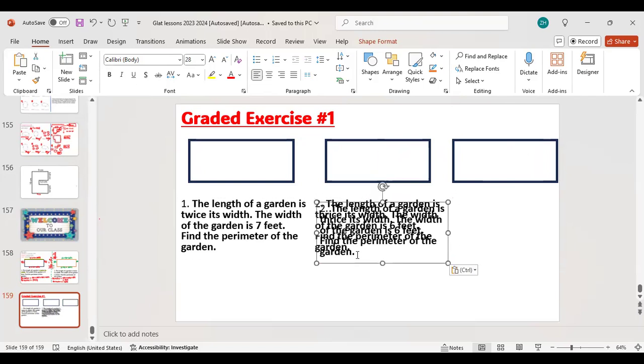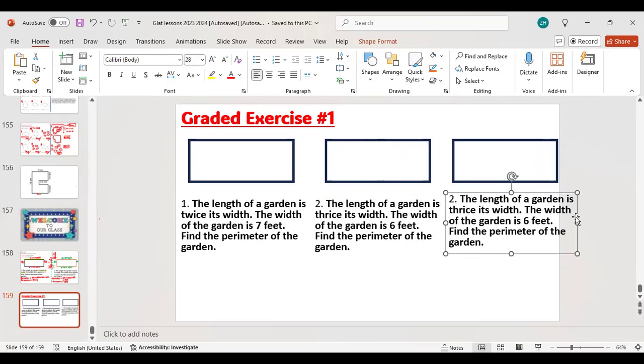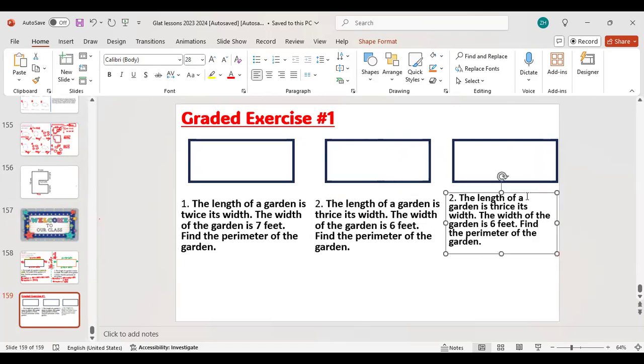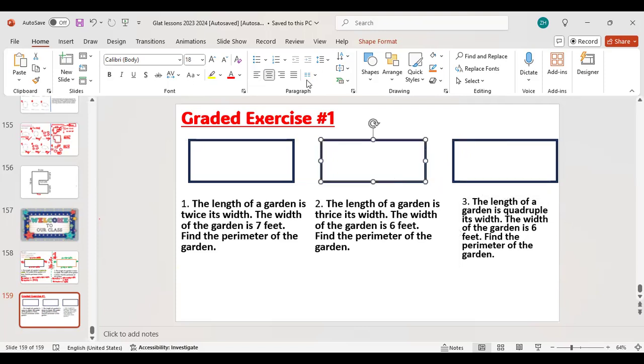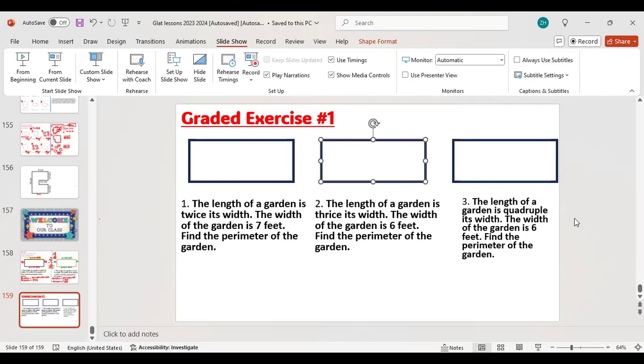And finally, number 3. All right. 5 feet.